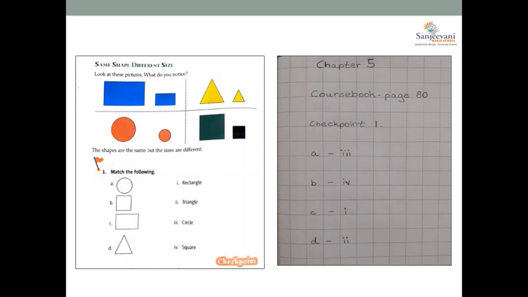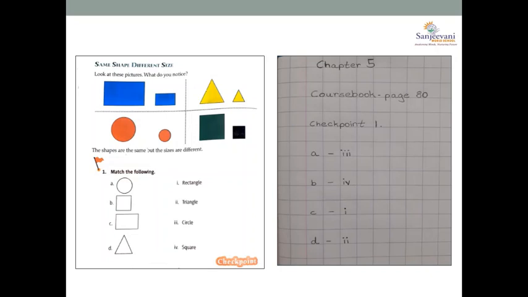So now on the very first page you will write at the top chapter 5, C capital H-A-P-T-E-R, chapter 5. Right, teacher is waiting for you all.